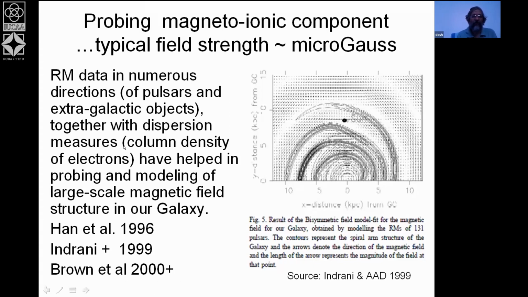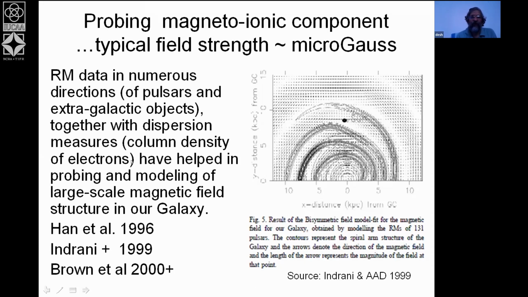But since that is not the normal case and the variations are on much longer time scales than the pulsar pulses for most objects, you will find that the dispersion measure is a luxury we enjoy only in the case of pulsars. So that combined with the rotation measure can lead us to estimates of the magnetic field.